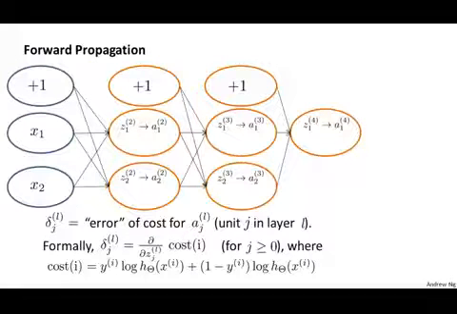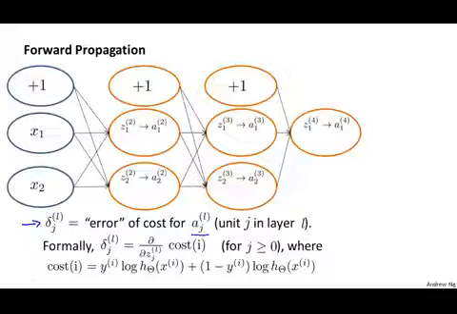Now let's look at what backpropagation is doing. One useful intuition is that backpropagation is computing these delta superscript l subscript j terms, and we can think of these as the "error" of the activation value that we got for unit j in layer l.